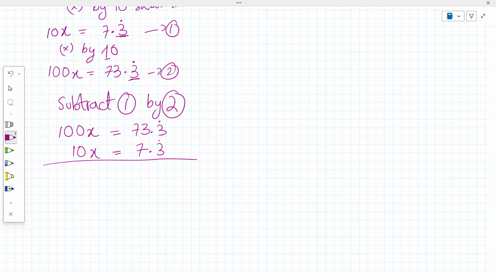We are subtracting this, which looks the same as in long division subtraction. So we have 100x minus 10x, so the value will be 90x.